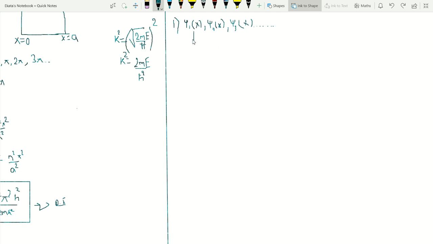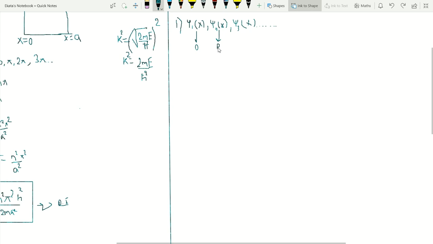Sorry, here it should be odd, even, odd, even, odd, or you can say that if the first is odd, then even, then odd, then even. So this is the first property, that the wave functions are odd, even, odd, even, odd, even, and so on. It shows the properties like this.